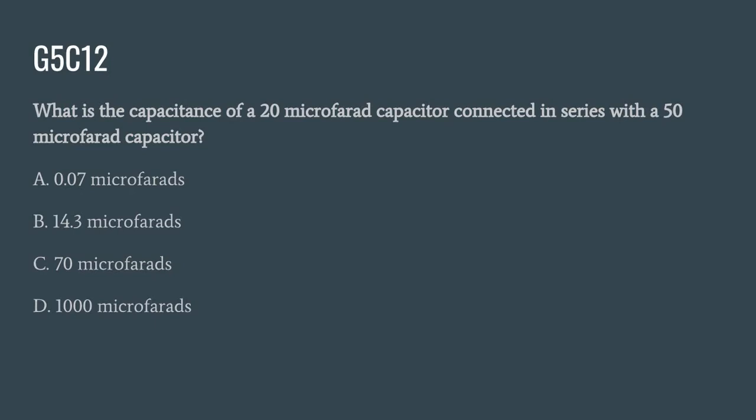G5C12. What is the capacitance of a 20 microfarad capacitor connected in series with a 50 microfarad capacitor? A. 0.07 microfarads, B. 14.3 microfarads, C. 70 microfarads, or D. 1000 microfarads. Correct answer, B. 14.3 microfarads.